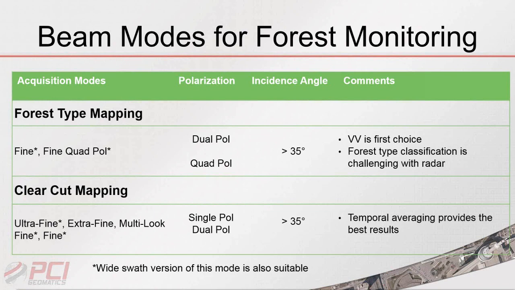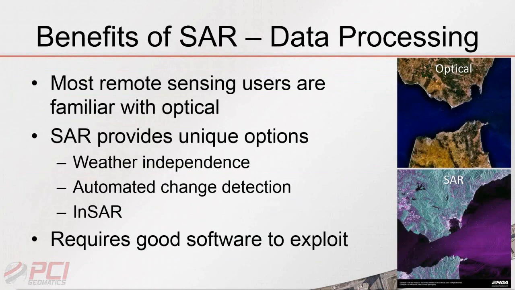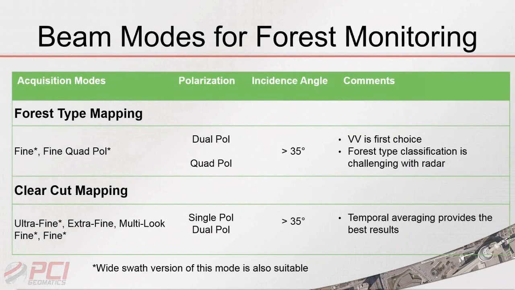And so if you want to have a look at our archive for some good imagery there, you can start to do some very, very interesting analysis and look at the change over time in those very important regions. Extra fine is a single pole mode, so that tends to be the way we use it. And looking at that temporal averaging over a long time frame really gives you good results on change in the forest canopy.